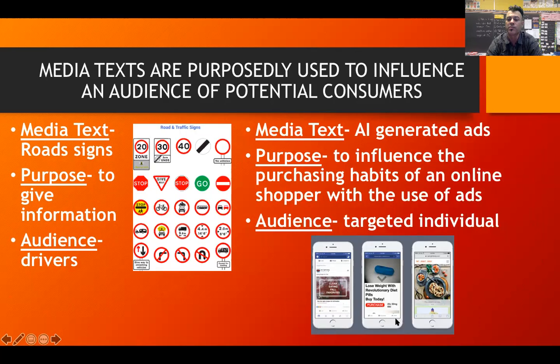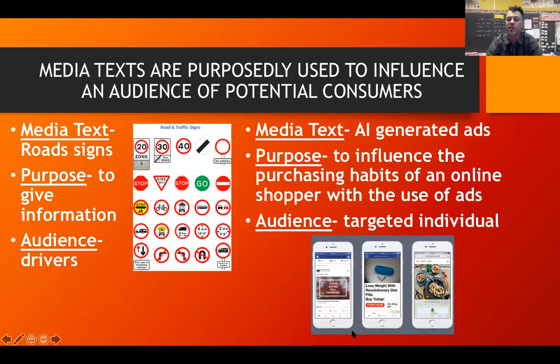Here's another one, which is a really interesting one: artificial intelligence generated ads. I know for their speech topics, there's a couple of individuals that did AI. Artificial intelligence is able to influence the purchase habits of an online shopper with the use of ads. And the audience is targeted individuals.